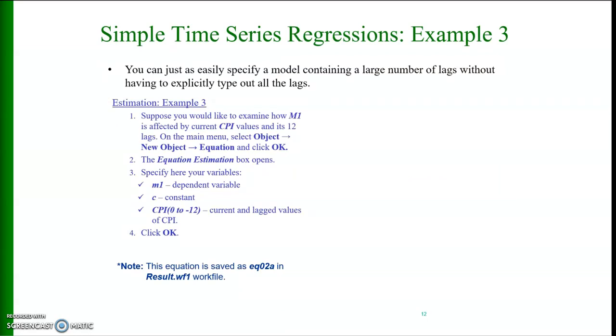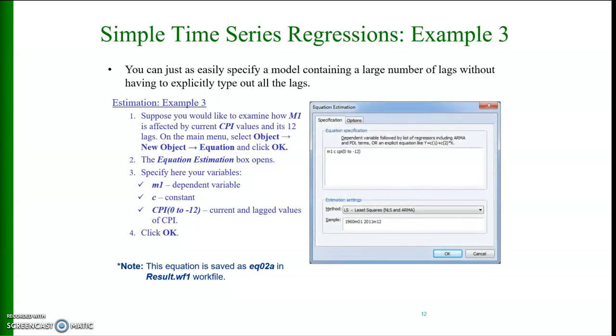You can just as easily specify a model containing a large number of lags without having to explicitly type out all the lags, by this command, that is ls m1 c cpi(0 to -12). So there are 12 lags, and there is also CPI at the level.